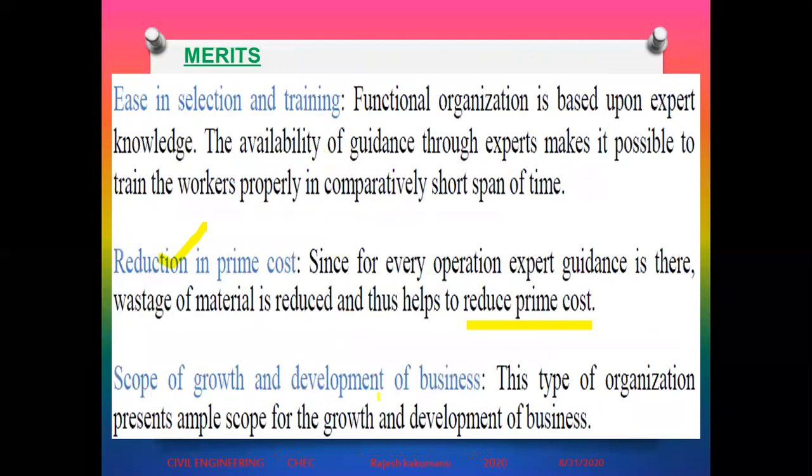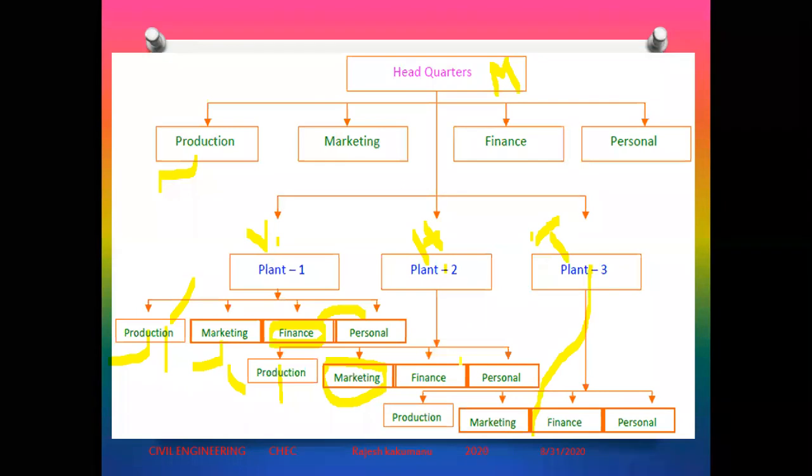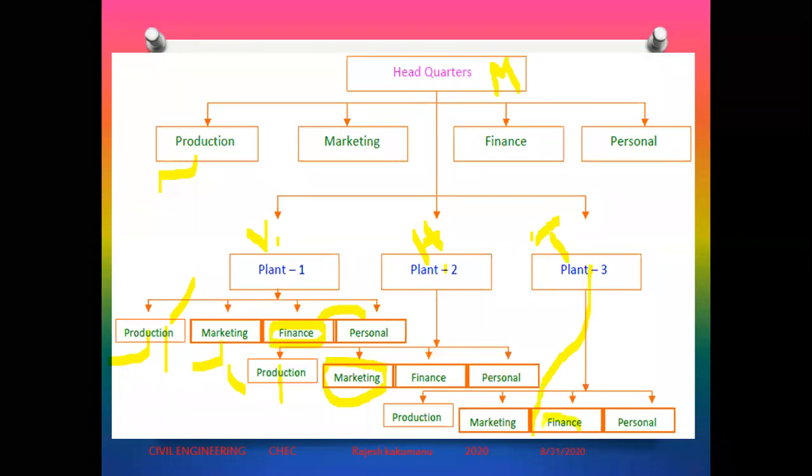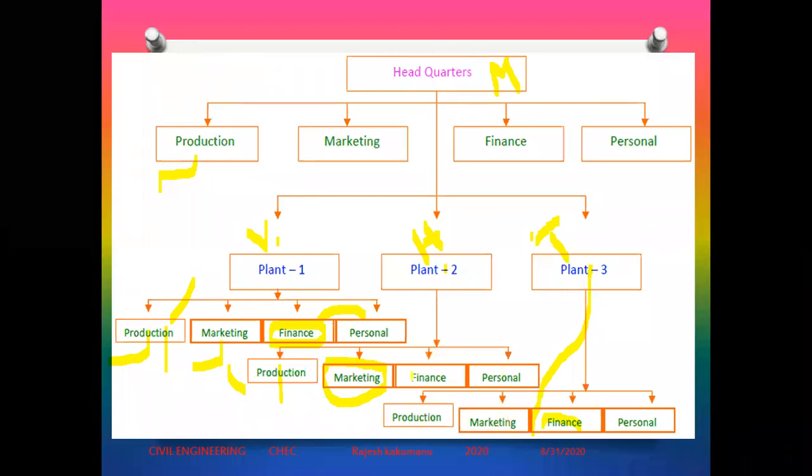For example, if you see the finance department in plant 3 and the finance department in plant 2, both have common works, right? For example, if you are taking the help of the marketing department, these people are specialized in their own area, so they cannot give instructions or directions to the marketing people, but they can give instructions on other things to the plant 3 finance people.